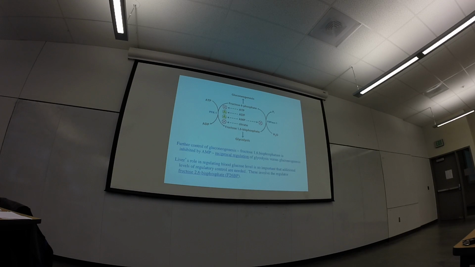So AMP is effective first because it's operating on both enzymes. It's an inhibitor that's operating on both enzymes, so it will go one way or the other.